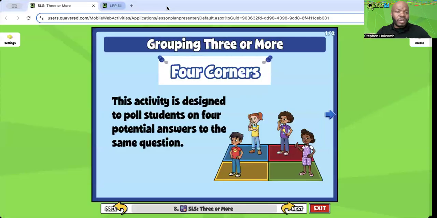So that's just one idea for a four corners activity in social learning structure. But of course, you can incorporate this the way that you see fit, and it can be used anywhere. I would encourage you to potentially use this maybe even outdoors. Maybe you can create four corners in one space outdoors. That way, students have a way to enjoy that environment as well.